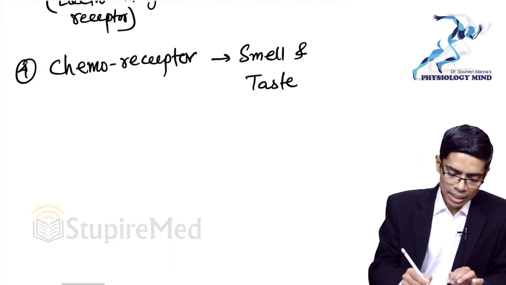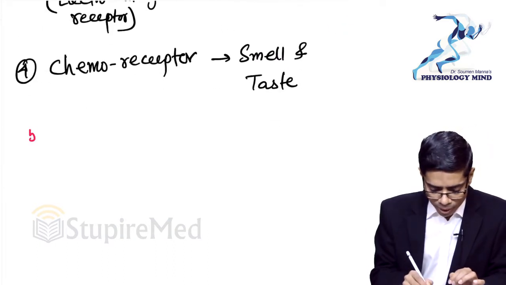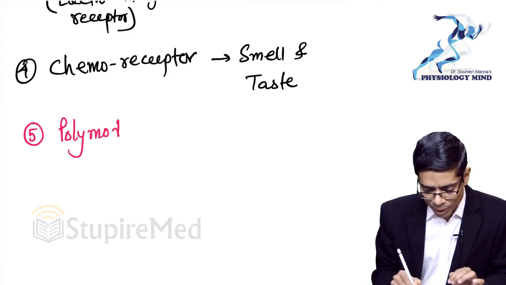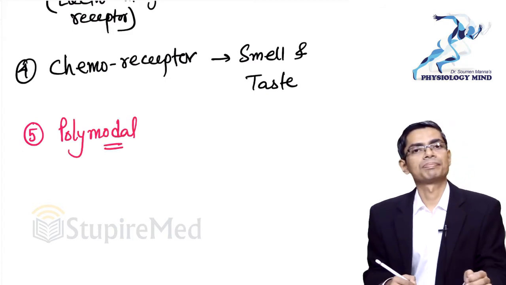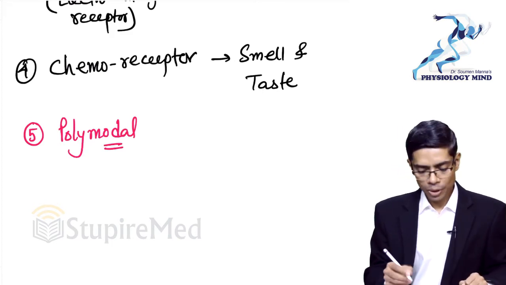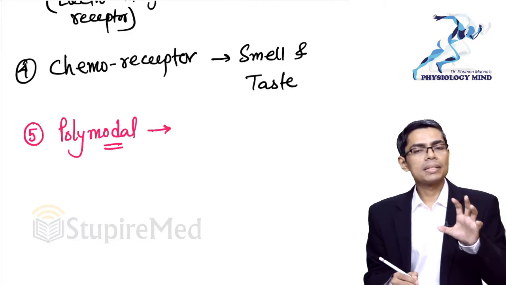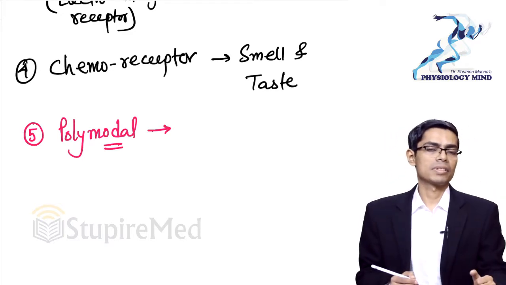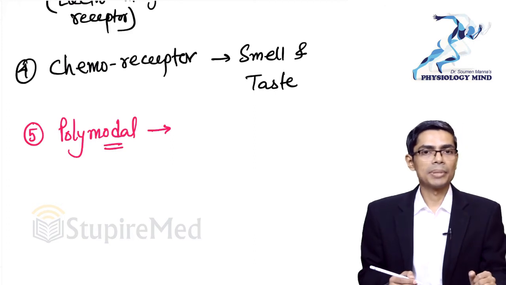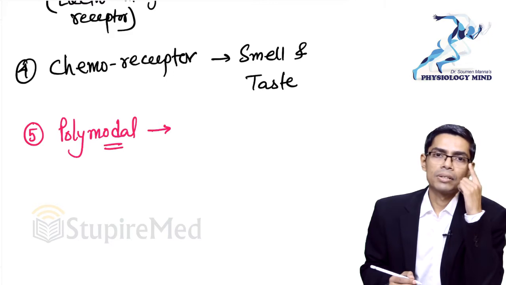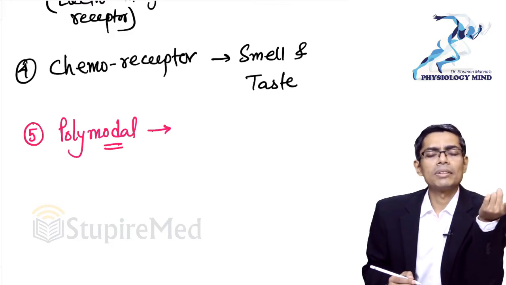And apart from all that, I have already told one name, that is the polymodal kind of receptor. I have put this into the mechanical group also. Polymodal means these are receptors which are activated by multiple modalities of stimulus. For example, if I give a pressure stimulus to the rods and cones, will they be activated?